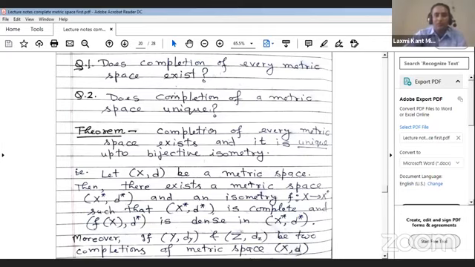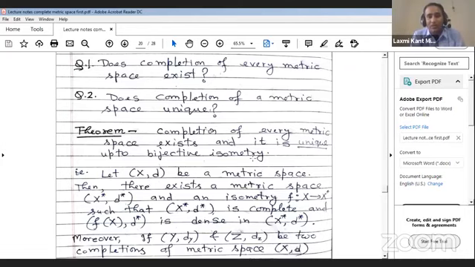So we have a theorem that completion of every metric space exists, and it is unique up to bijective isometry.